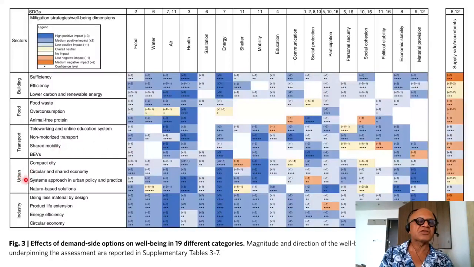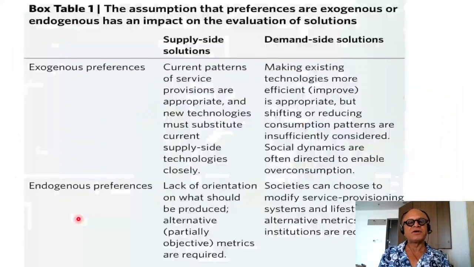Under the urban sector, we have compact cities, circular and shared economy, systems approach in urban policy and practice, nature-based solutions, and in the industry we have using less material by design, product life extension, energy efficiency, and circular economy, where it's kind of an end-to-end use of materials, recycling, reuse, etc.